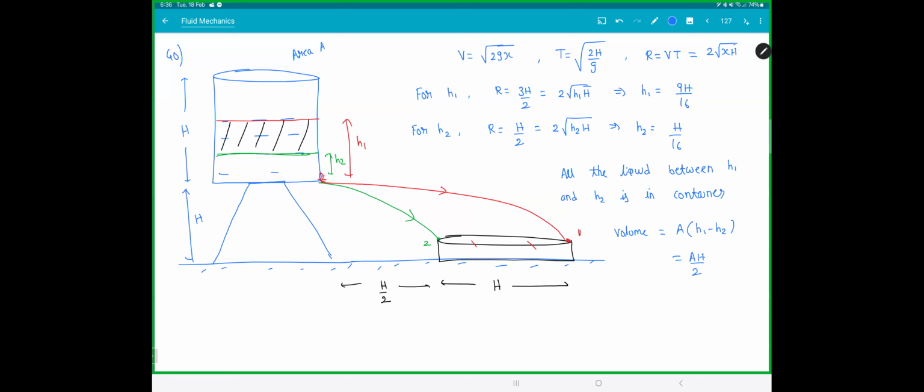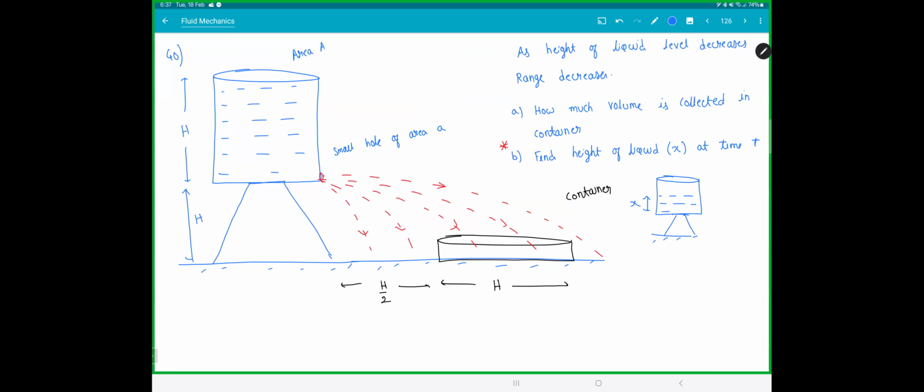What is the second part? You need to find the height as a function of time t. Have a look at this.